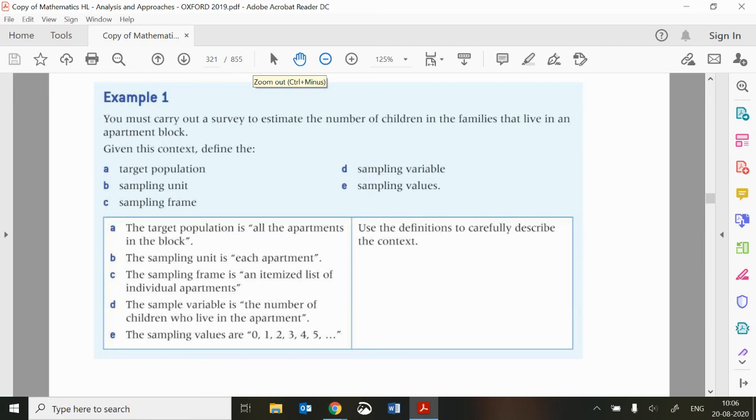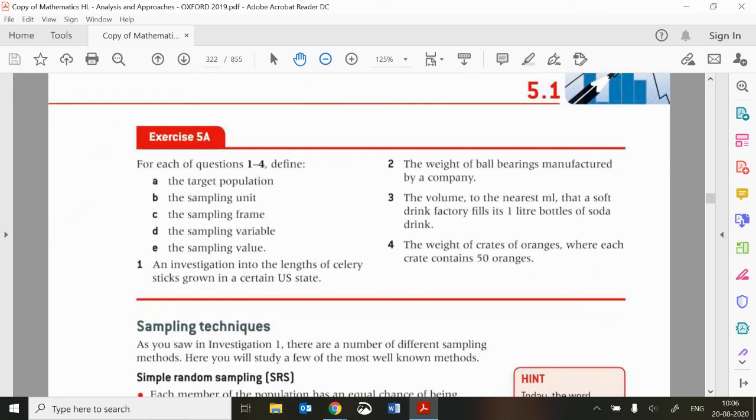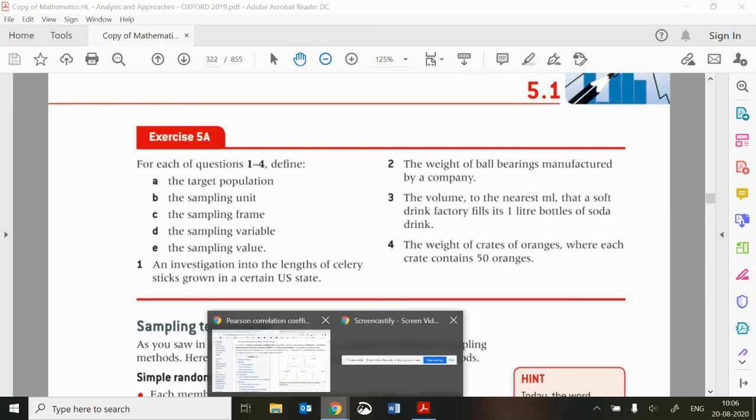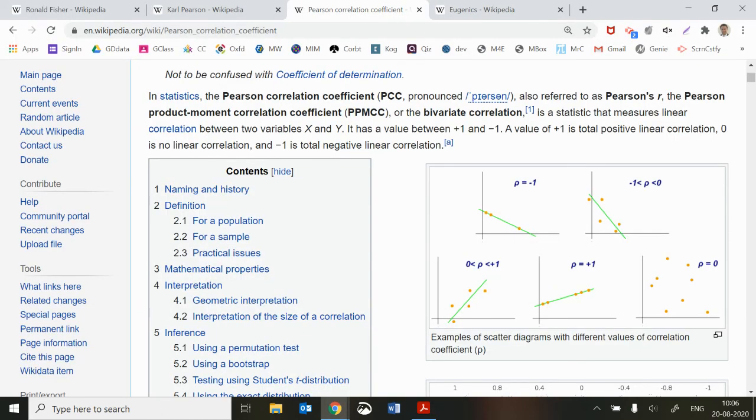I guess that goes up to 17 years old in most jurisdictions. Okay, so there we go. That's done. And there's some example questions here on 5A. And next time around, we'll talk about sampling techniques. Okay, well, thanks for listening, and good luck with the exercise, and hope to see you back next time.